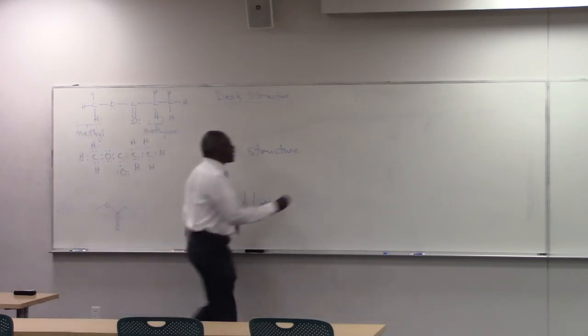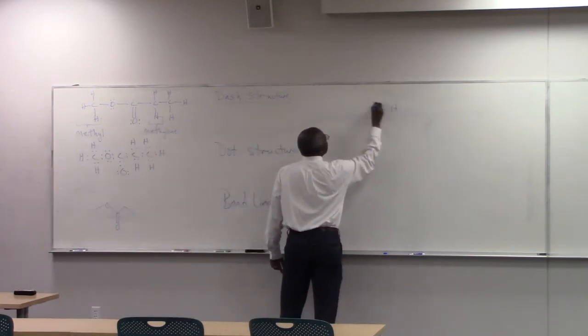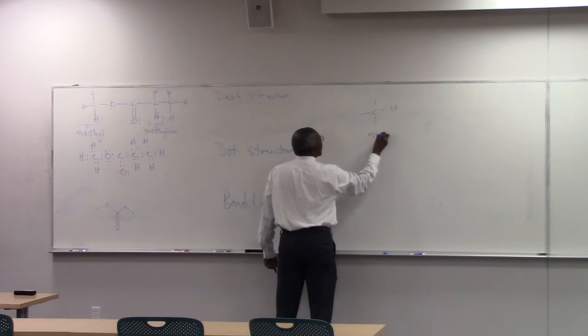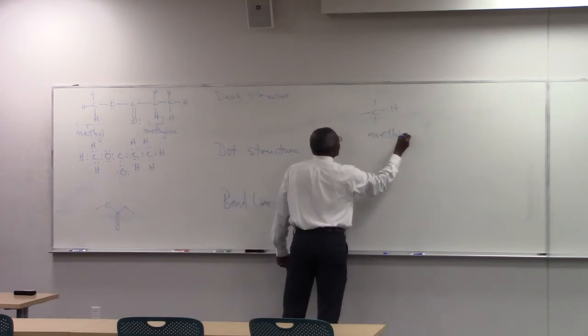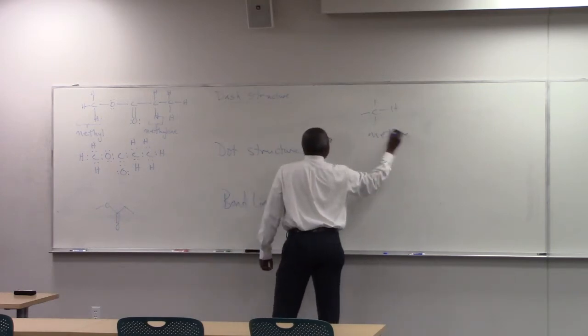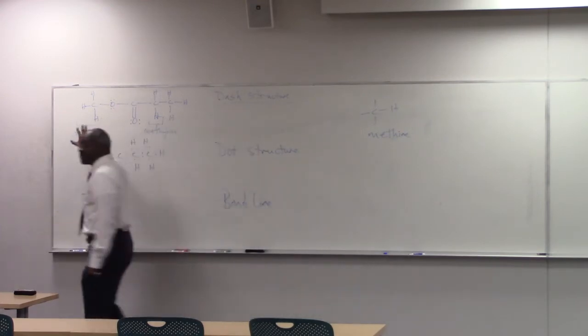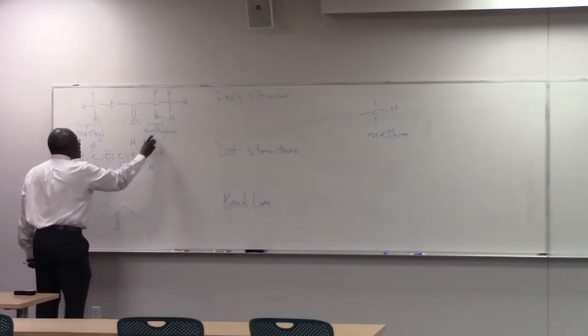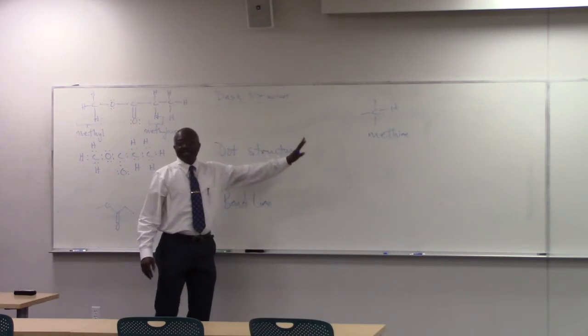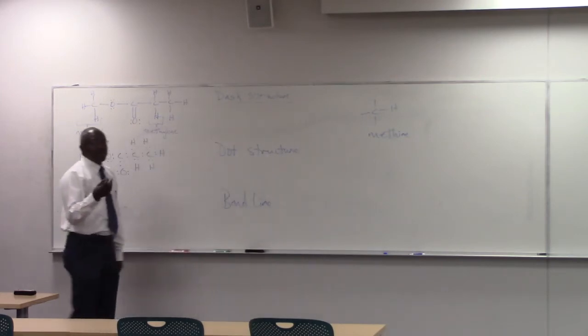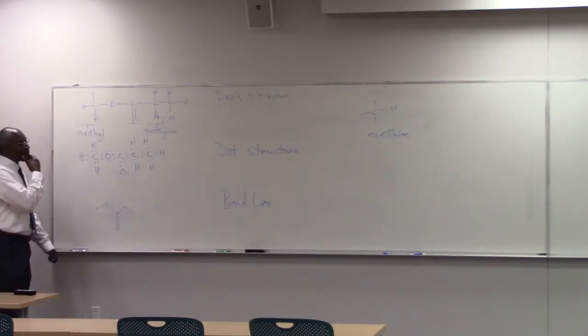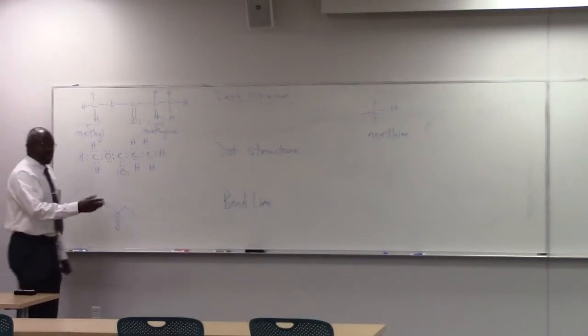In a similar way, this is called methane. So I have methyl, CH3, methylene, CH2, and methane, CH. And that only applies to the carbons that are sp3 hybridized, by the way. Let's do a couple more.